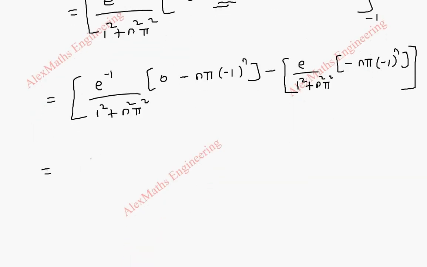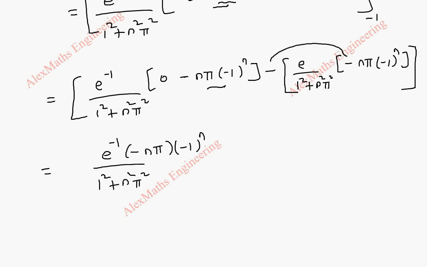Now we can write e power minus 1 by 1 square plus n square pi square, and this can be written as minus n pi into minus 1 whole power n, and here this becomes plus. So plus e by 1 square plus n square pi square, we have n pi into minus 1 whole power n.